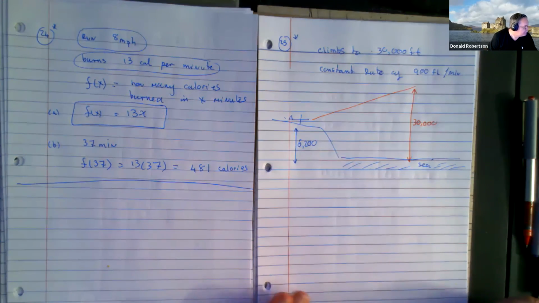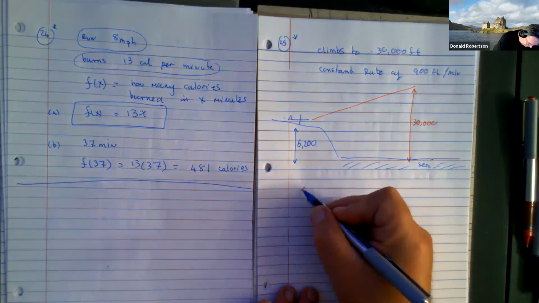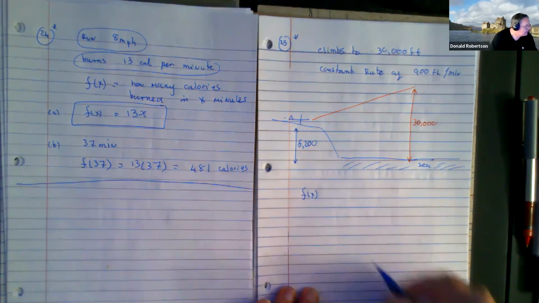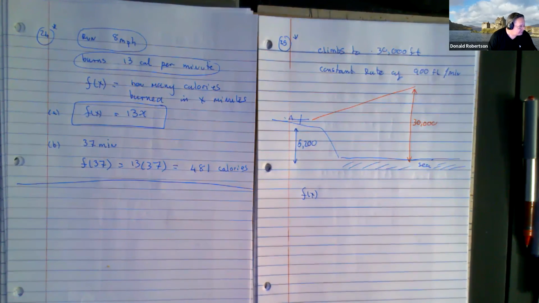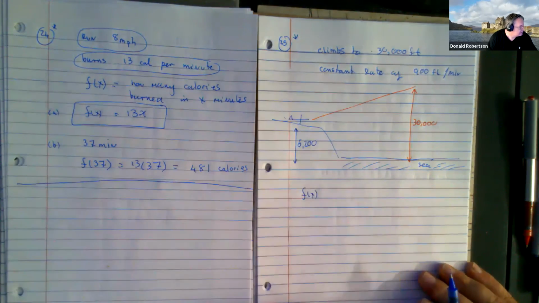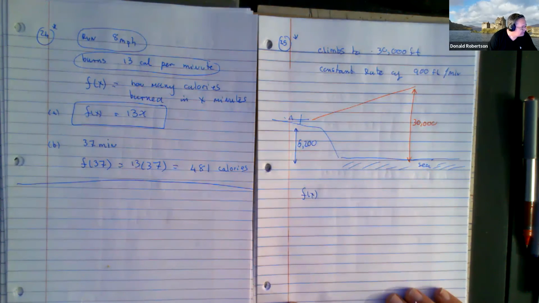So we're going to put all of this together. It says in the question, find a linear function, f of x, that will tell you the height of the plane x minutes after takeoff.